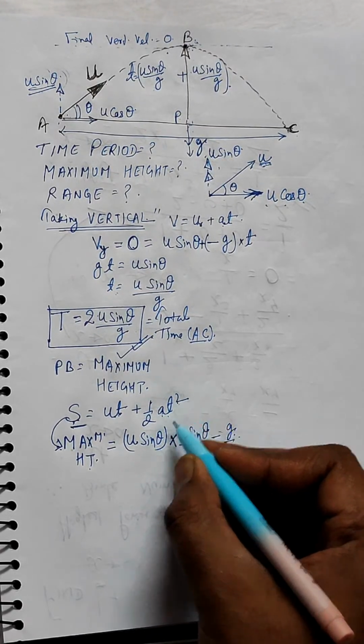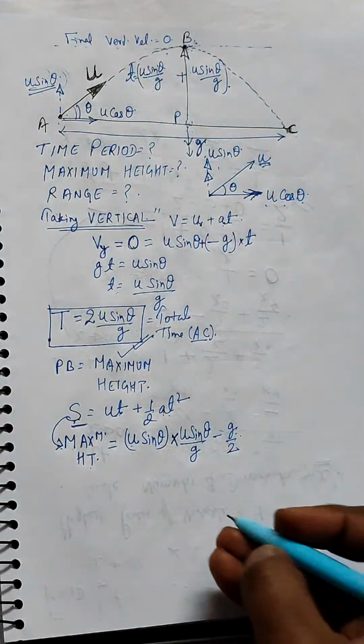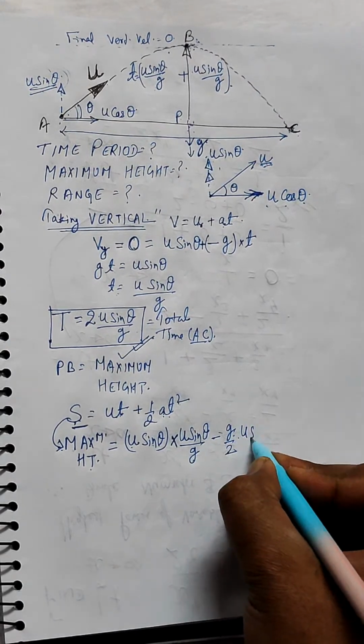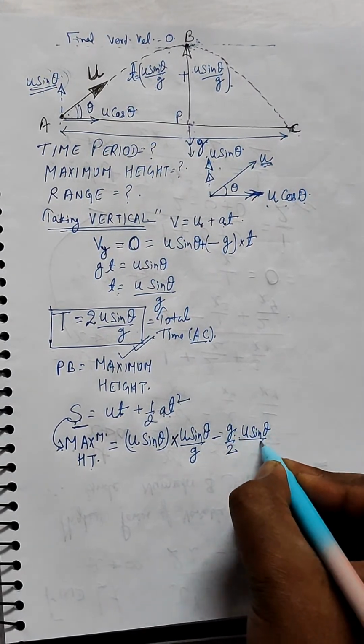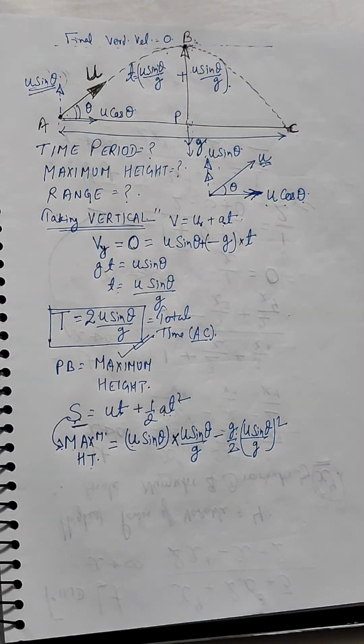What is the value of t square? It's u sin theta by g. So u sin theta by g whole square, right?